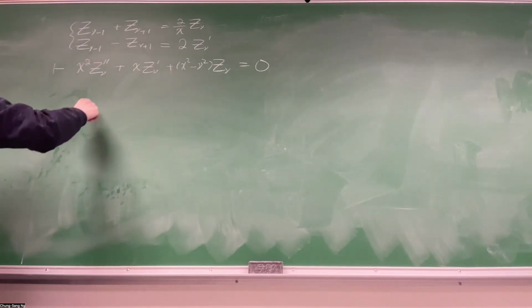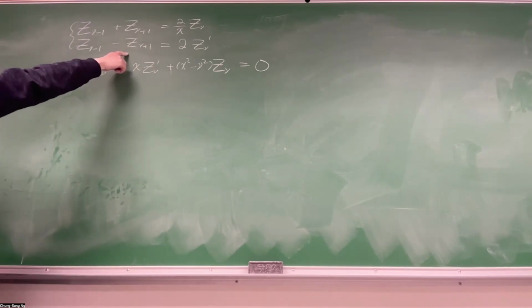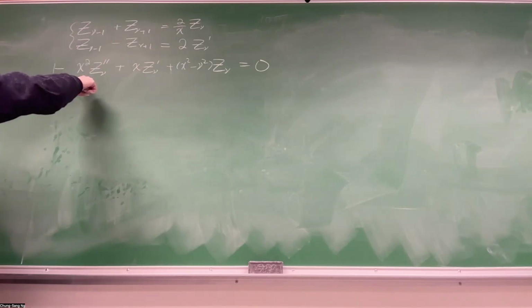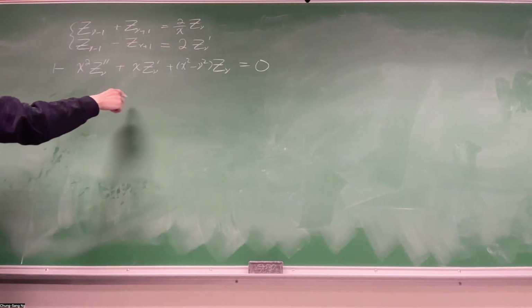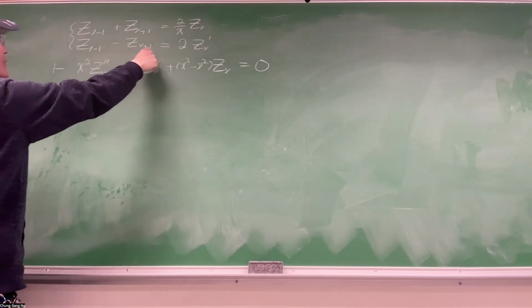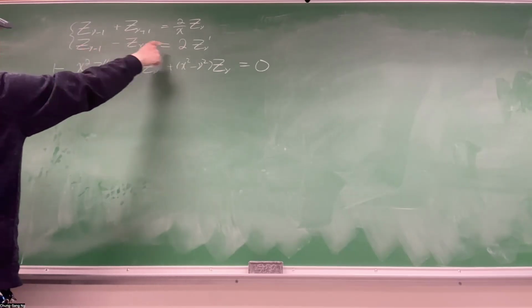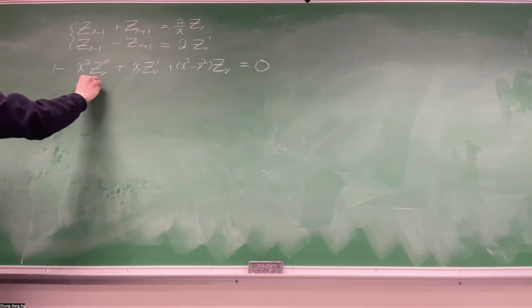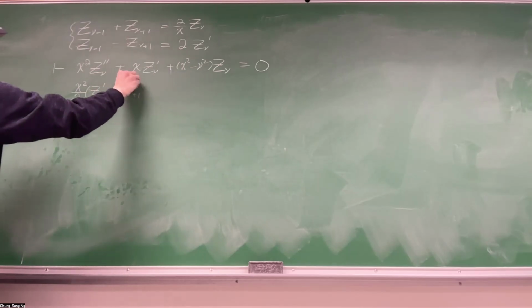Right. The more straightforward one is because there's a double derivative, and the second formula already has a derivative. So to get a double derivative, all you need to do is just take one more derivative of this relation, right? And so this is Z_nu' divided by, this divided by 2 is Z_nu'. So you take another derivative, it gives you Z_nu''. So Z_nu'' will be like x over 2 (Z_{nu-1}' minus Z_{nu+1}').